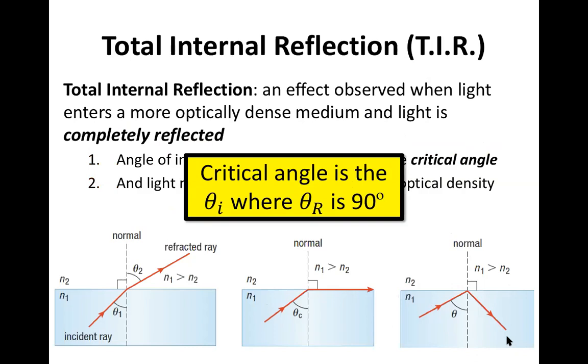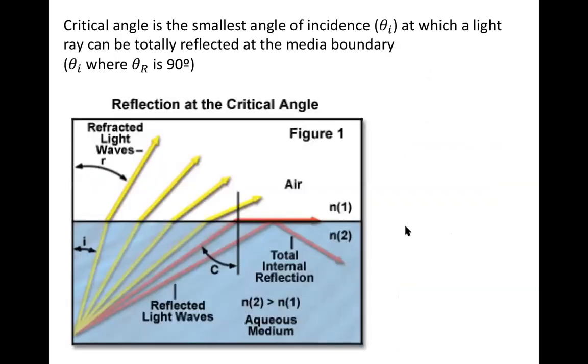Critical angle is the theta I where theta r is 90 degrees. This is really important to know because this year you'll be asked to calculate the critical angle. So take a look at this. If we're really close to the normal, then the light's going to go through.